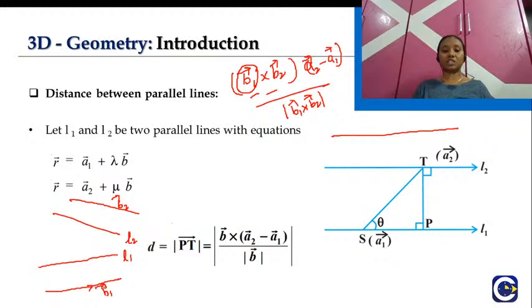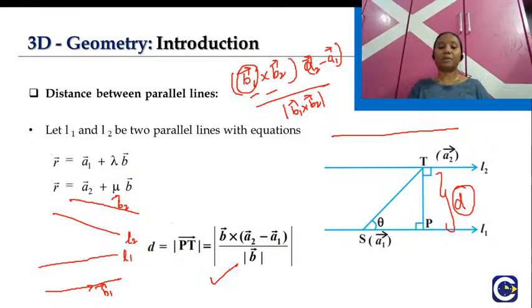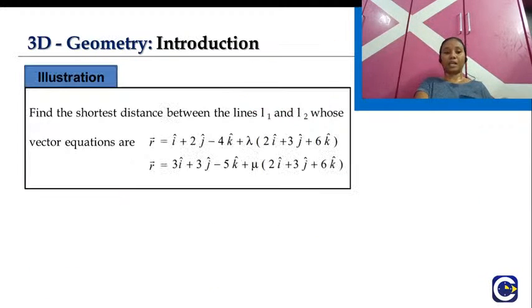That's why in skew lines we have B1 and B2, two directional vectors, whereas in the parallel lines case we have only one vector, B. So here comes our formula for finding the shortest distance between any two parallel lines. This TP is my shortest distance D, which is equal to the modulus of B bar cross (A2 bar minus A1 bar) divided by the modulus of B bar.